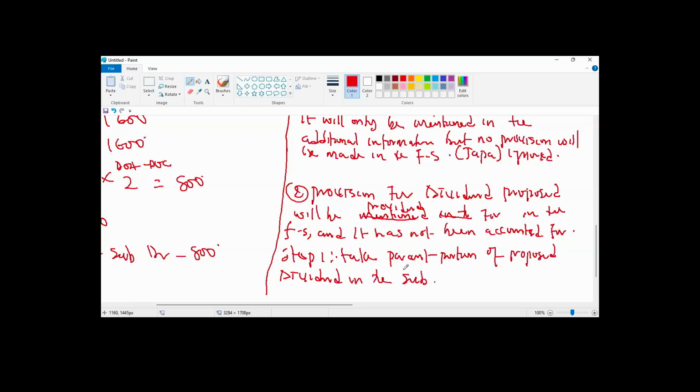Go to the subsidiary account. What is the proposed dividend we have there?